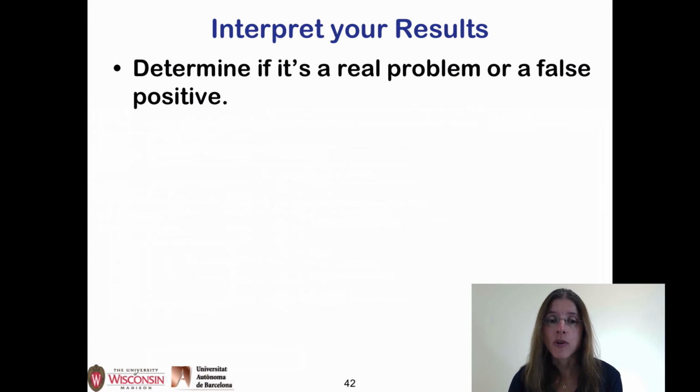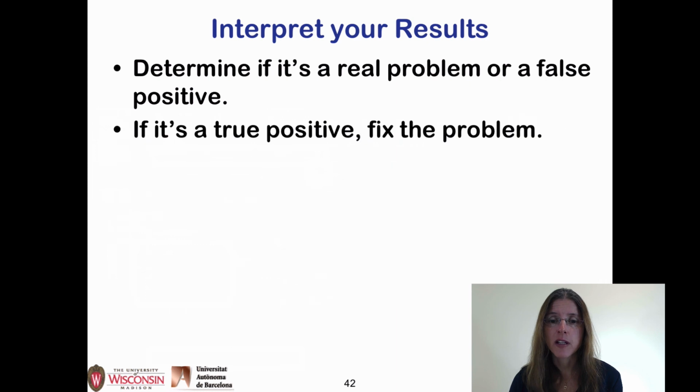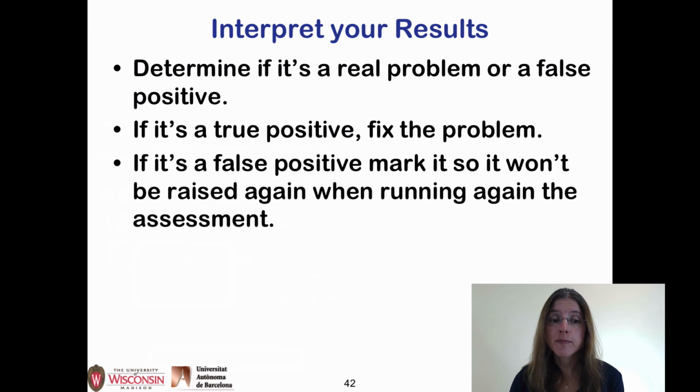As I said before, once you have the output of the tool and filter the issues you want to study, you will have to go through the list of issues and determine if they are real problems or false positives. If it's a real problem, then you will have to go back to your code and fix the problem. If it's a false positive, mark it with CodeX so it won't be shown the next time you run an assessment on that code.